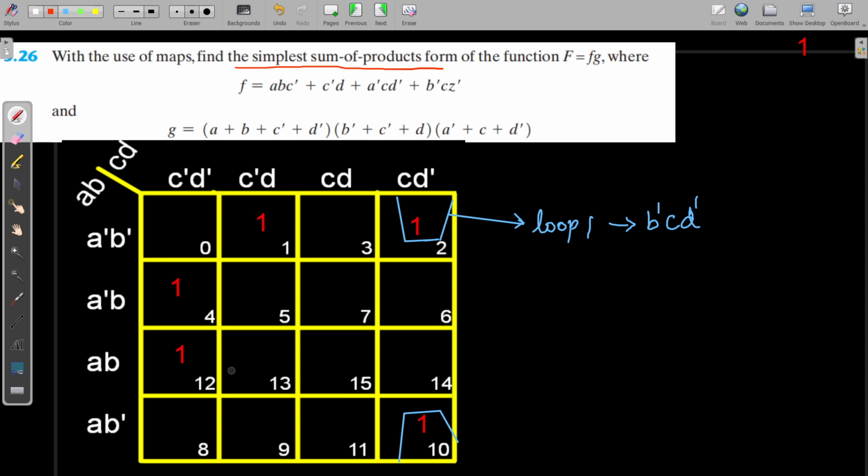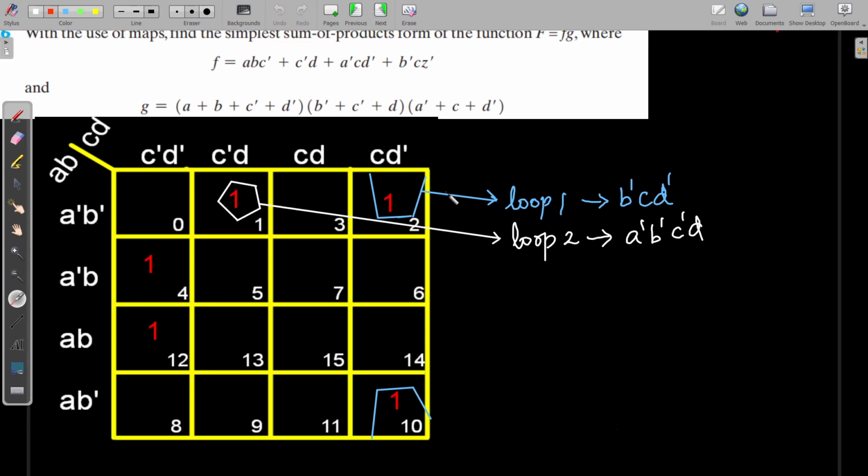Once you have the ones in this capital F, we have to group them. These two ones can be combined to form loop 1. Its corresponding expression is here: this B' is available here, so we place B' here and here it is C D'. That is fine for group 1.